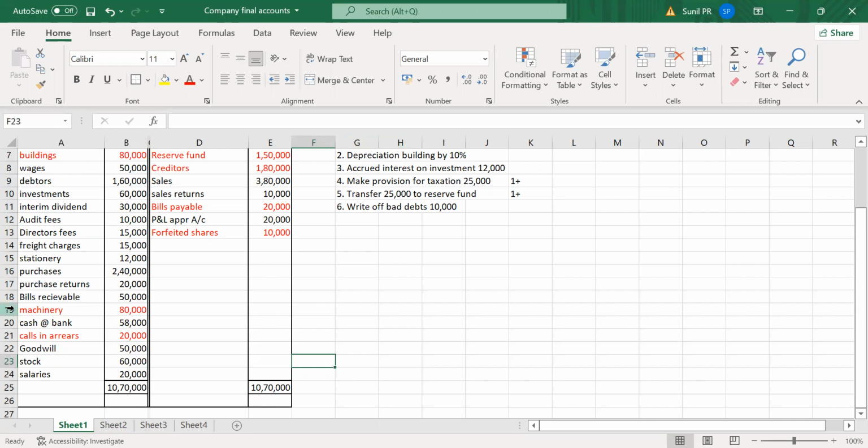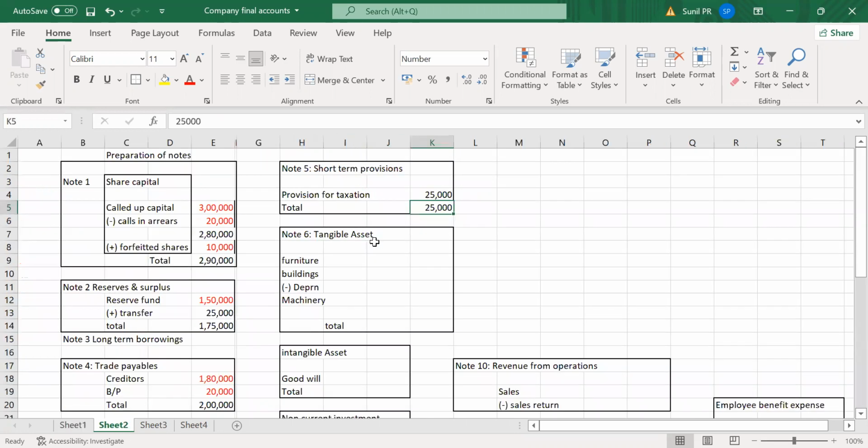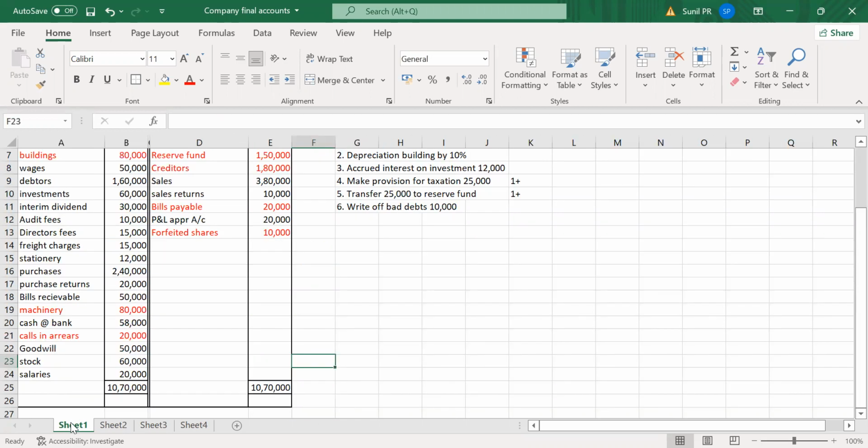See, buildings is 80,000. Remember, machinery is 80,000. Remember. So I'll put it here. Buildings and machinery. Is furniture there? No, I don't see furniture. But in your college, they have given furniture.